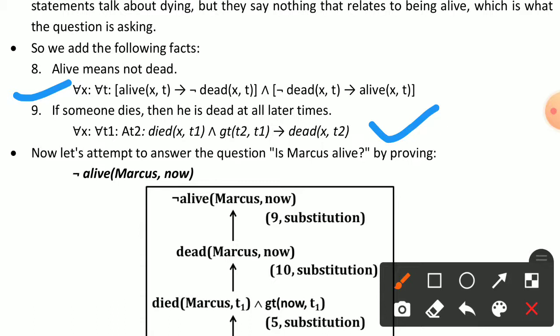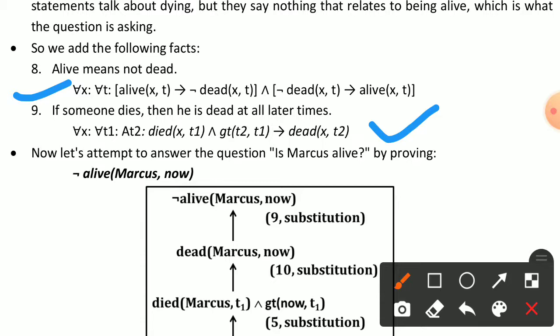A person has died or is alive, two possibilities. In the first we take it as alive, and in the second as dead. So we write: for all x, all t1, all t2, died(x, t1) and greater than(t2, t1) implies dead(x, t2). We can find all possibilities and then choose the particular result.